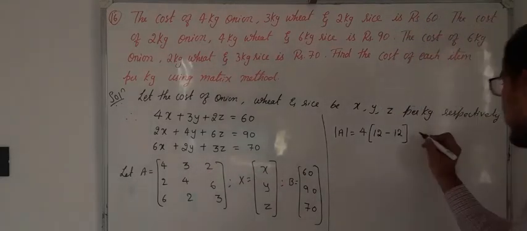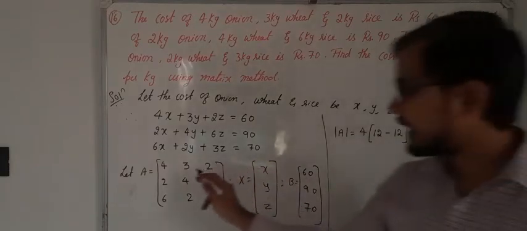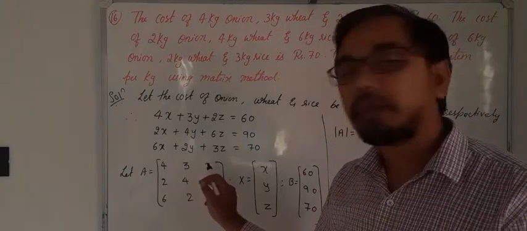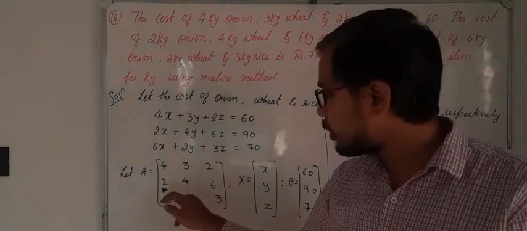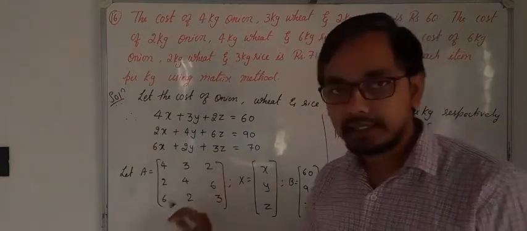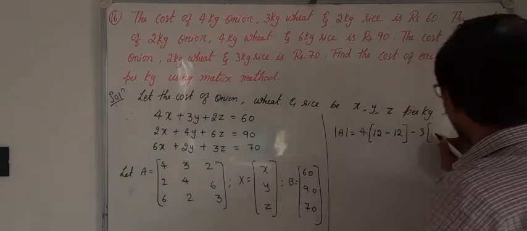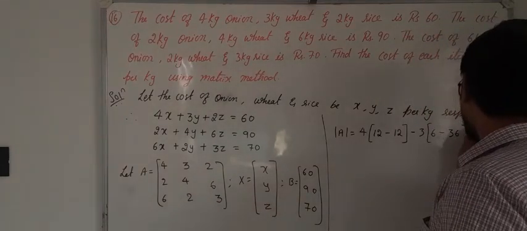So minus 3. So the second element is 3, so we have considered the 3 here. So leaving the row and column containing 3, that is the first row and second column. If we eliminate the first row and second column, what will be left? 2, 6, 6 and 3. So 2 into 3 is 6, minus 6 into 6, 36.